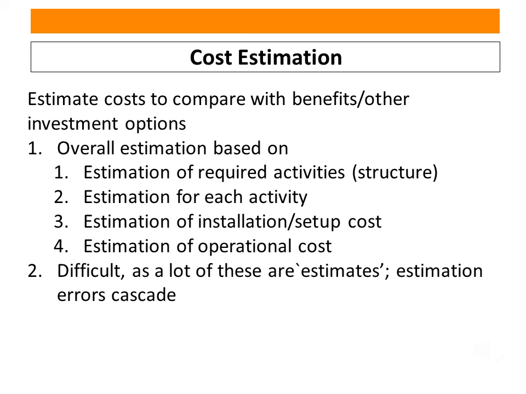A lot of these are estimates where estimation errors cascade. If we have different estimations, it will give some errors too. So we have to be aware of all these errors, so that there is no problem in estimating the cost of a single software.